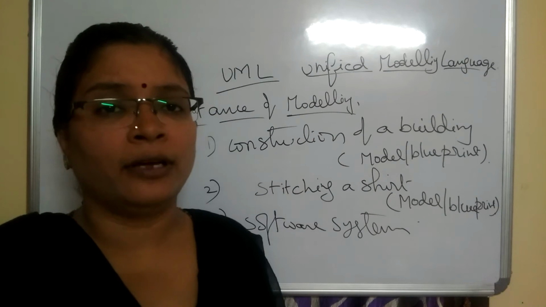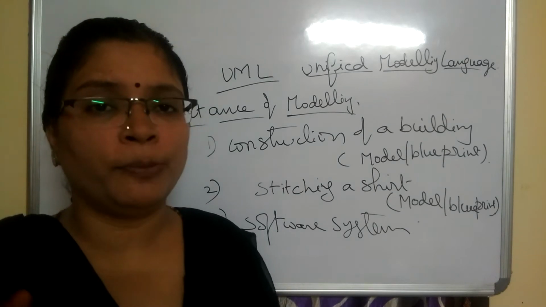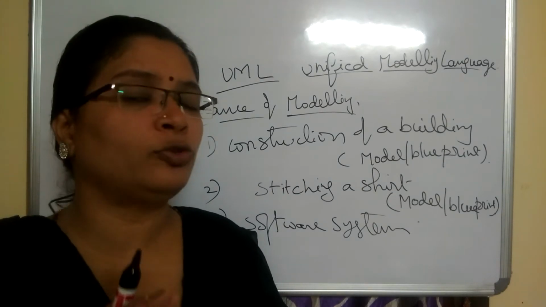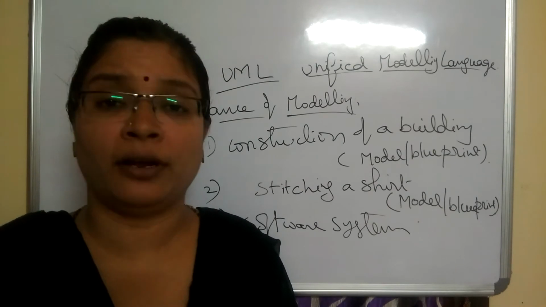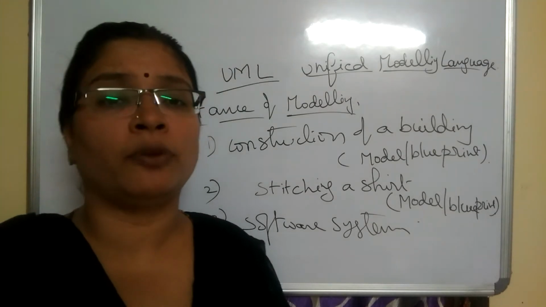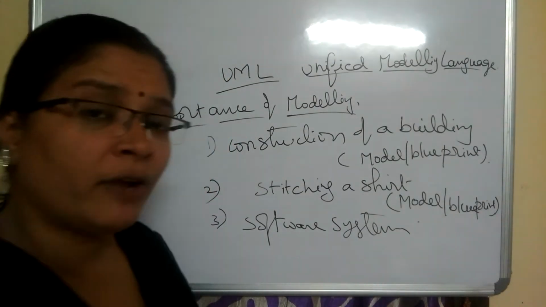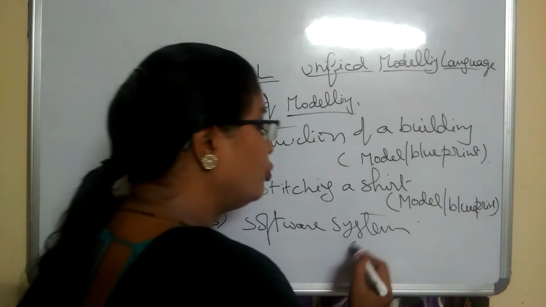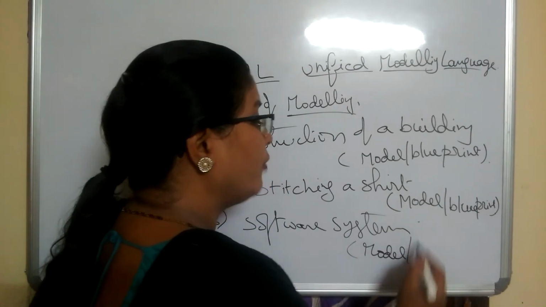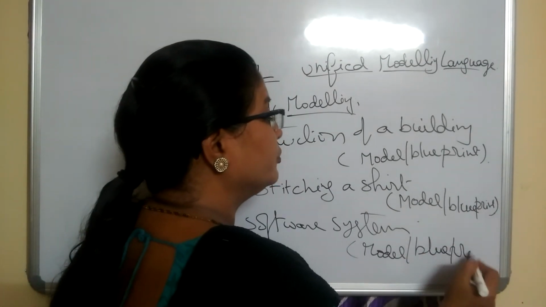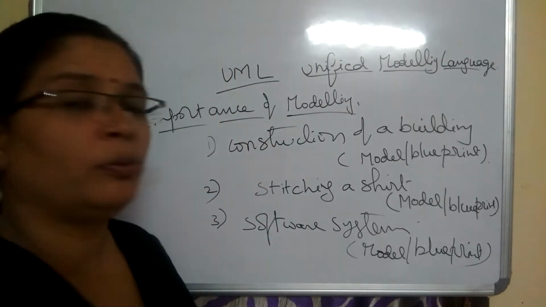You should remember the model should be there. Unless there is a model, you cannot do anything in the real world. That is the importance of the model. For developing a software system also you require a model or blueprint.